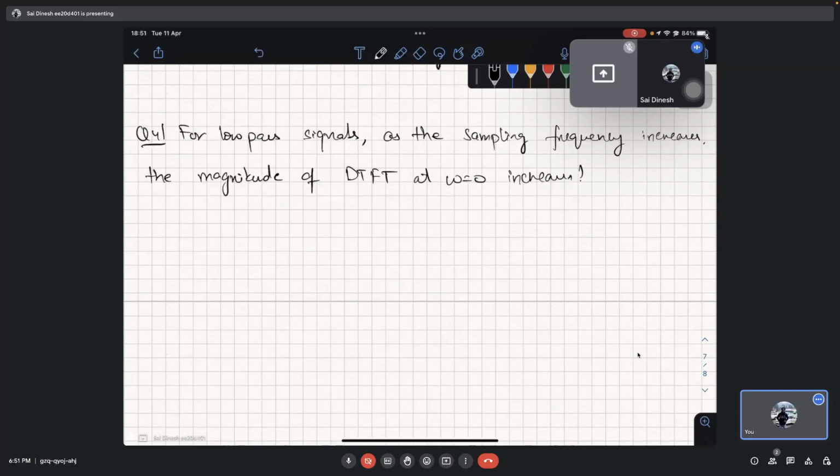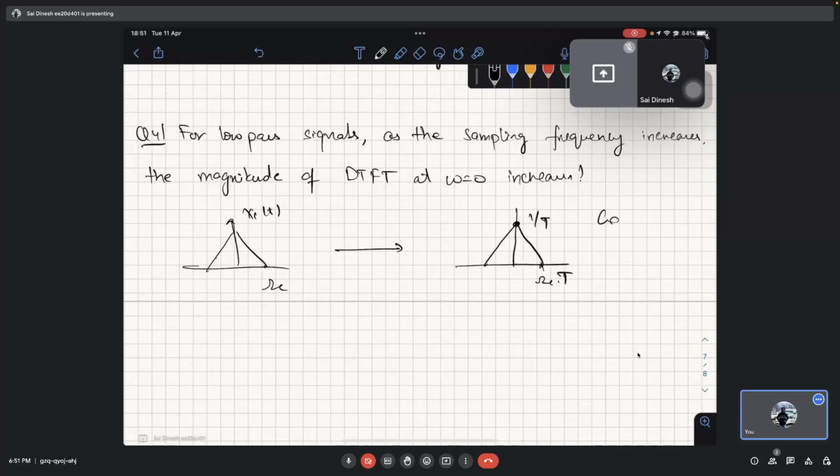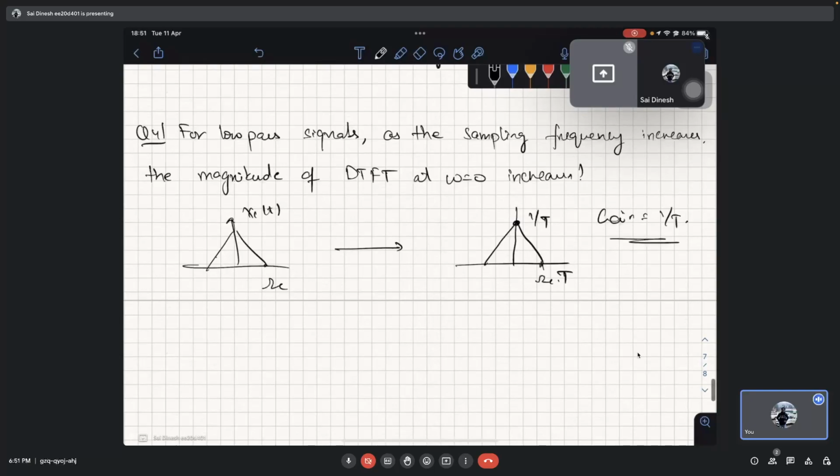Is it true? So we have seen that from omega c at xc of t, we have gone to omega c times T, but here we have a gain of 1 by T, right? So based on this, again I think we can get the solution.